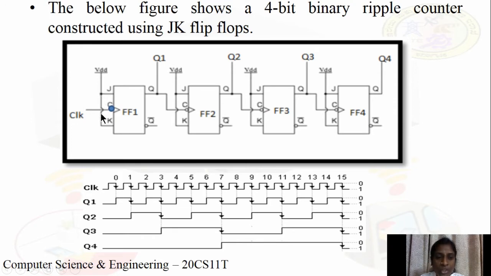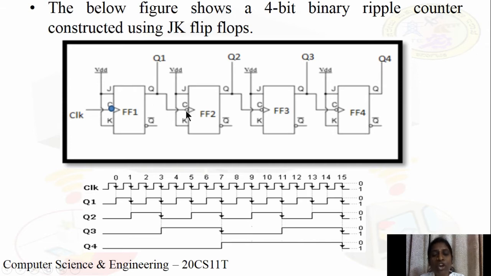Let us observe, 2 inputs have been joined and connected to the voltage power supply, and the first flip-flop will be negative edge triggered. This flip-flop will change its state on the negative edge. The second flip-flop will change its state whenever the output from the first flip-flop is given as an input to the second flip-flop.